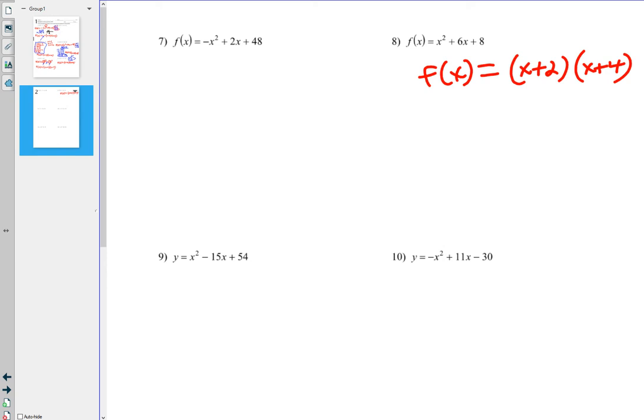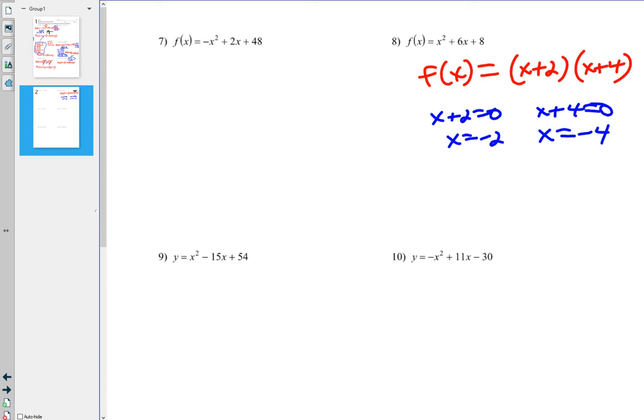Go, Jay. Well, at negative 2 and at negative 4. Because if you were to make each of these equal to 0, you would get negative 2 and you would get negative 4. That's where it would cross the x-axis.